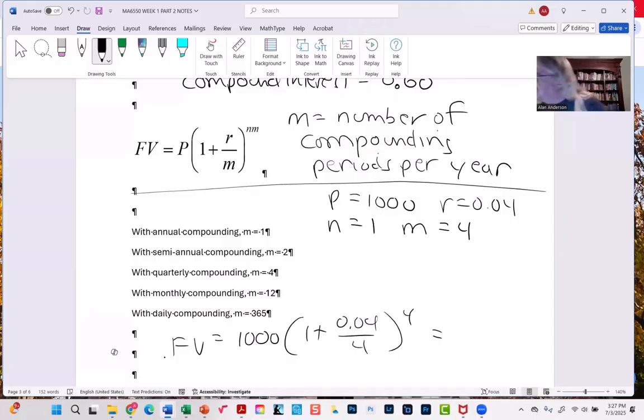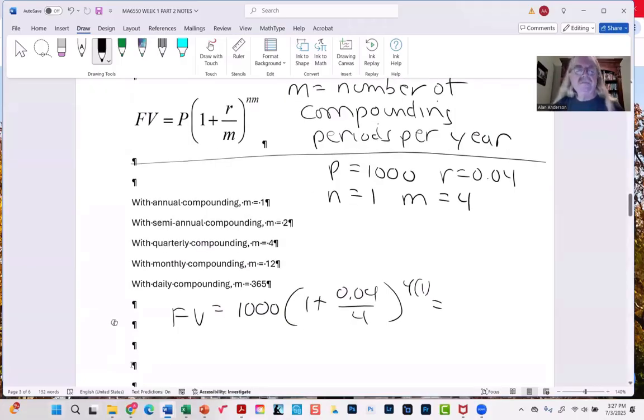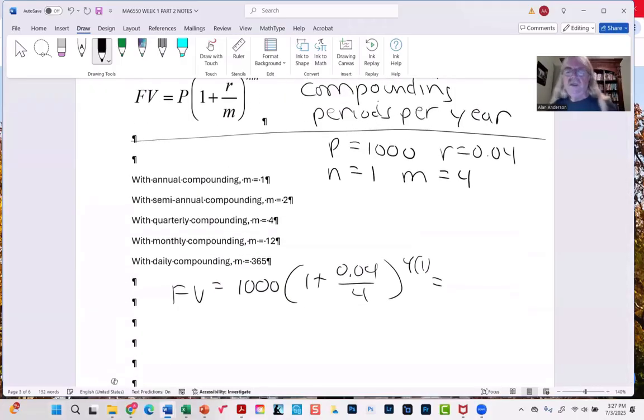Well, it's actually 4 times 1, but it's just 4. And so what you're basically doing here is taking 1,000 times 1.01 to the 4th power. And let's see what that gives me. It's exactly the same, of course. 1040, we'll round it to 60 cents.